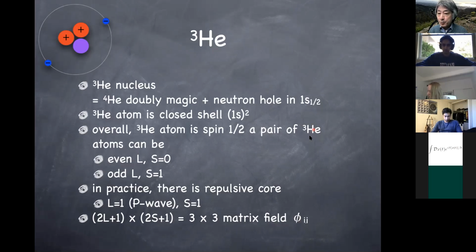So now we are doing the same thing here, with 2 helium-3 atoms, which is more complicated than helium-4. You have 2 electrons from one helium-3, 2 electrons from the other helium-3, 2 protons, 2 neutrons, but the whole thing is a boson with 1 unit of orbital angular momentum and 1 unit of spin. Therefore, you have 9 states of this whole configuration. And we are describing this whole configuration using a single Schrödinger field with 9 components.